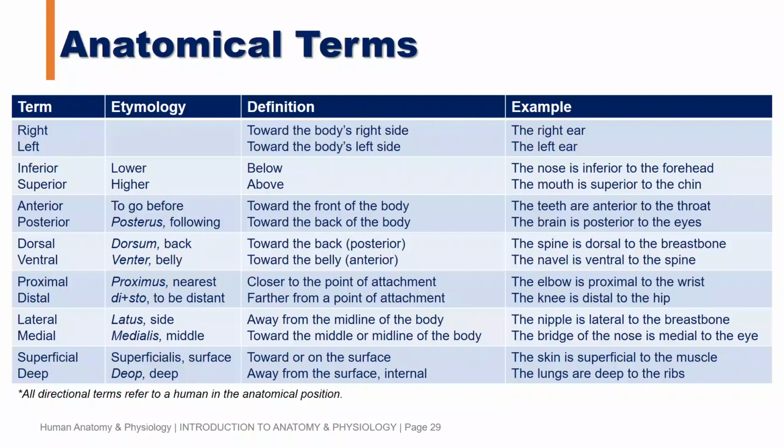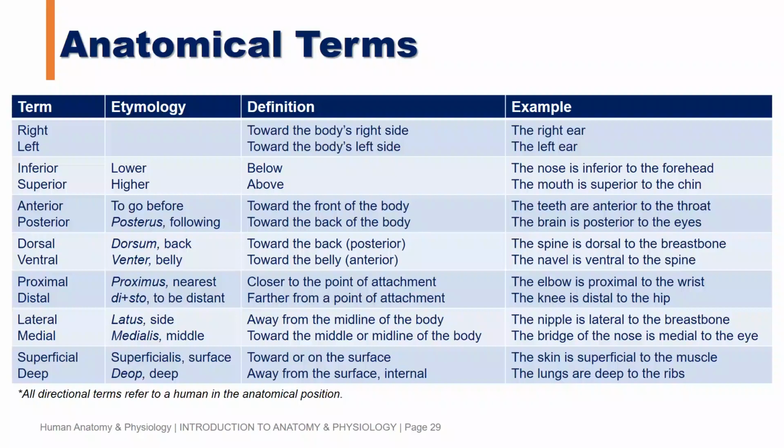Here is a summary of the anatomical terms. We have the terms, and then next will be etymology, and then your definition. I believe you already know where is your right and where is your left. When you are directing towards the body's right side or the body's left side, that is self-explanatory, so you can just say the right ear or the left ear.